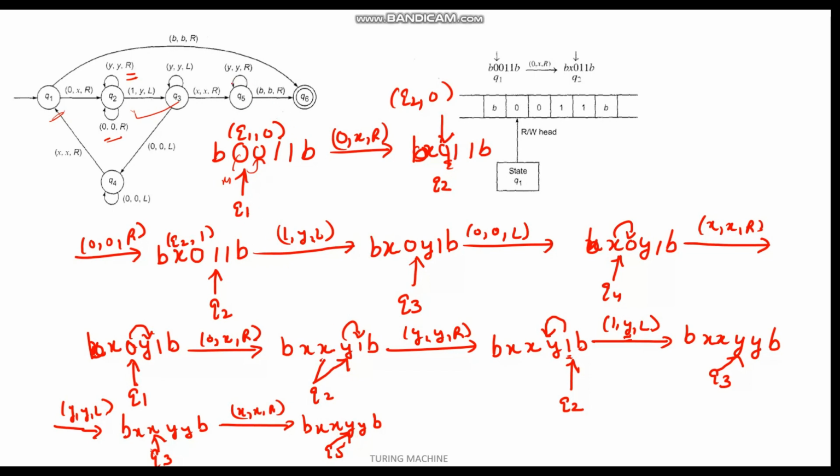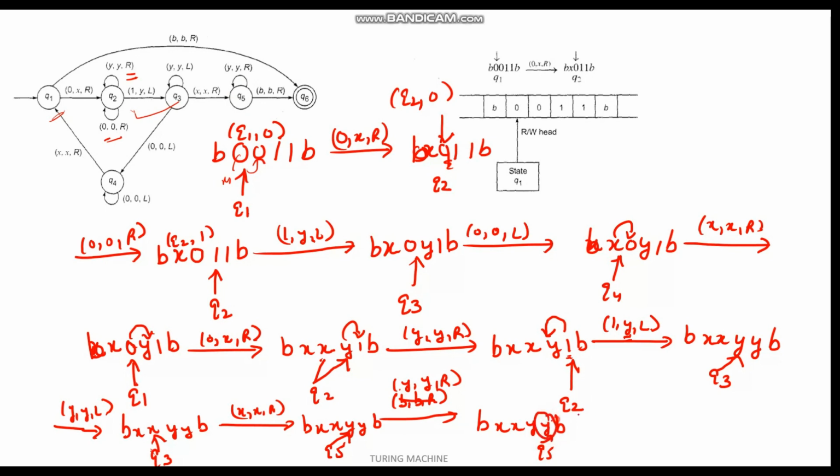So when q5 is given input y, the transition function for q5 with y is y comma R. So there is no replacement of this string, it will remain as it is, but we will shift the head towards right, and the state will remain q5, but it will shift the head to this y.